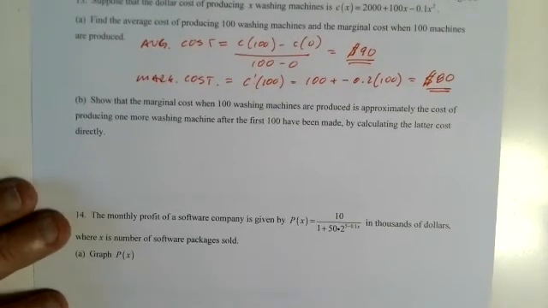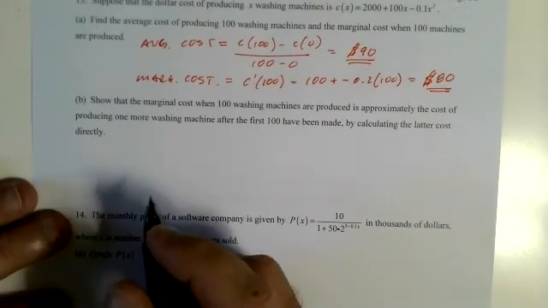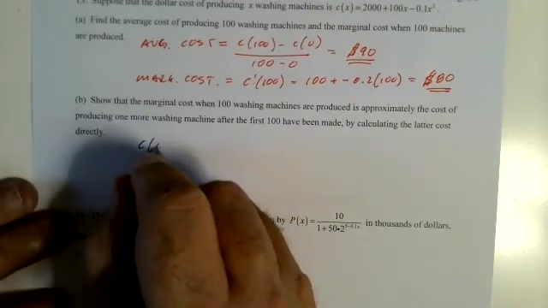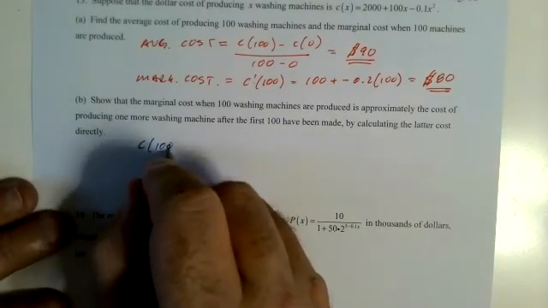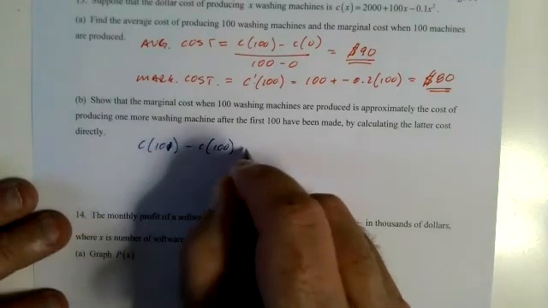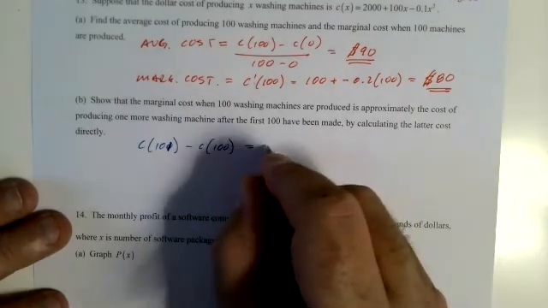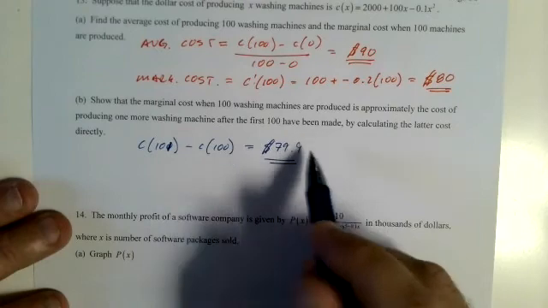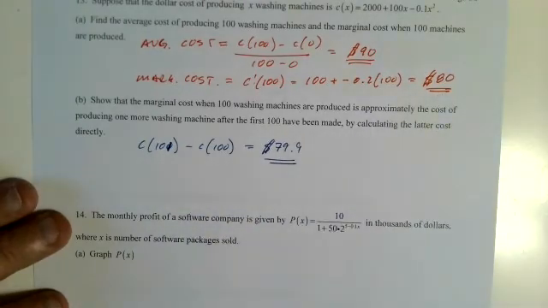So this is kind of goofy, but how much does the 101st machine cost? So C of 101 minus C of 100 equals 79.9, which is really close to our $80.